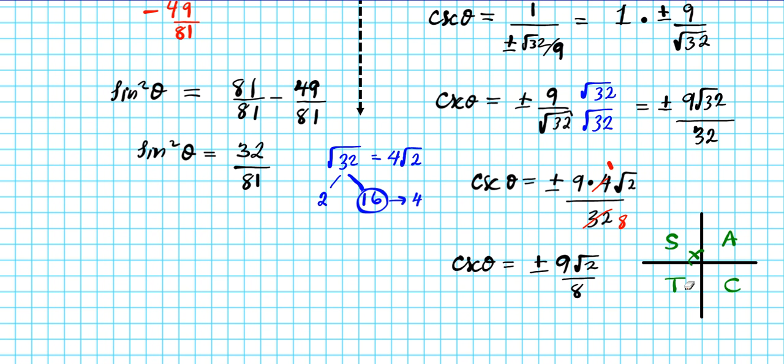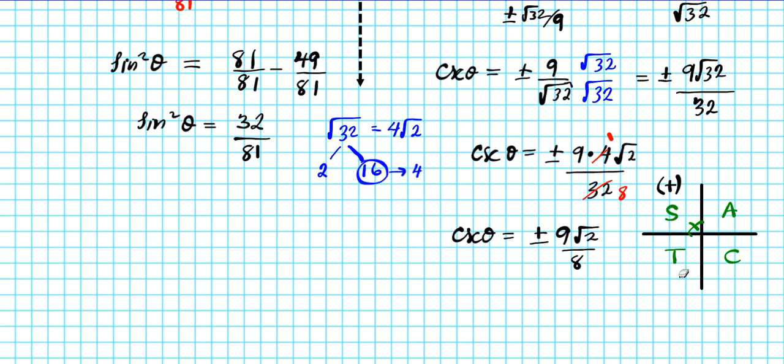So the question is, what is the sign of cosecant in quadrant 2? This S means that sine and its reciprocal cosecant are positive. Okay? So what are we looking at? We're looking at cosecant, which is the reciprocal of sine, and that automatically follows that cosecant is positive. So our final answer, cosecant theta, is positive 9 rad 2 over 8. Okay? So there goes your final result.